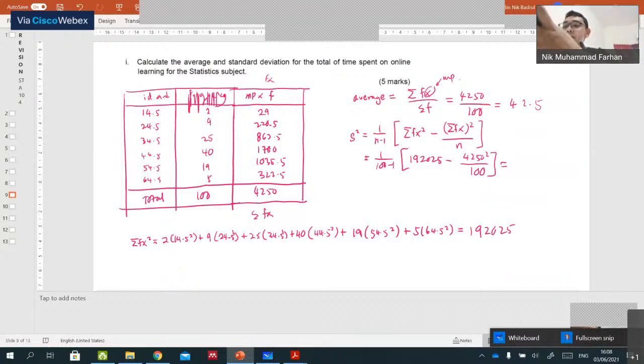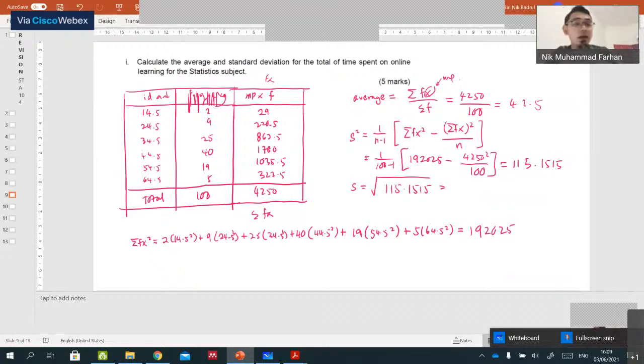Kita tolak dengan 4250 square bahagi 100. Okey. Darab dengan 1/99 tadi. So dapatlah 115. Okey, 115.1515. Ambillah 4 tempat perpuluhan.